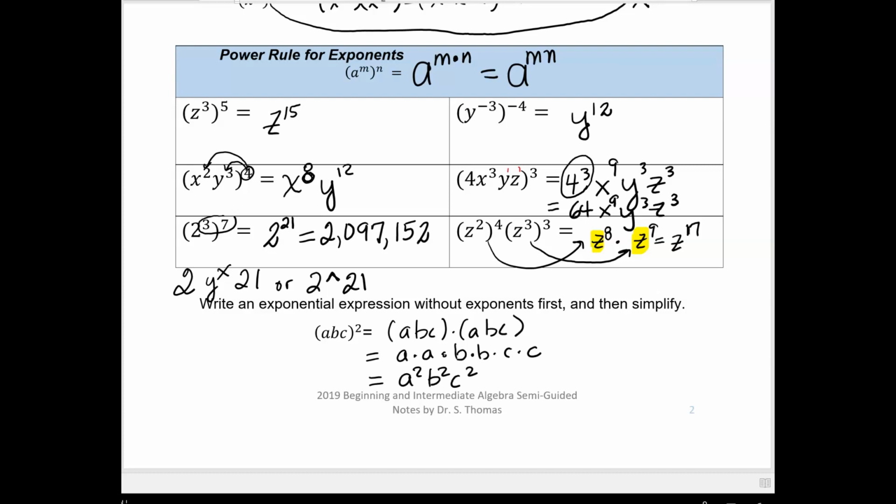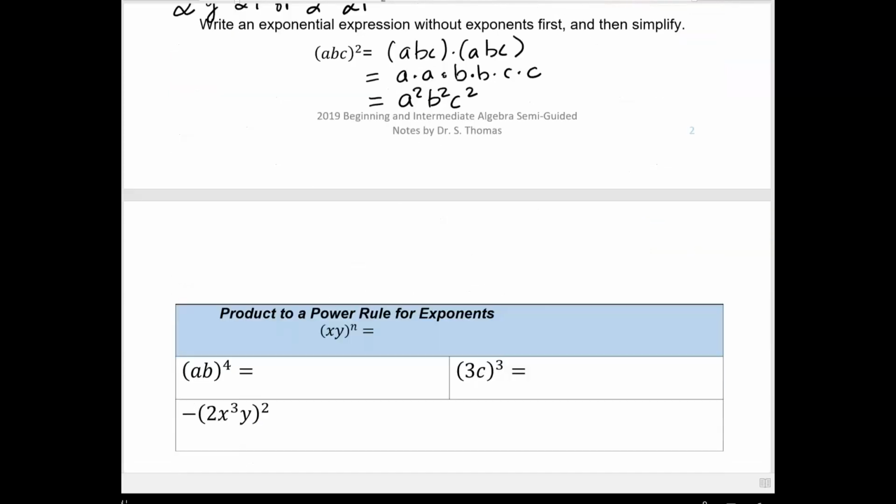Now, of course, we don't really have time to do all of that, right? So what you can do is use that rule. As you can see, all of the exponents on the inside are the same, right? The exponent is understood to be 1. So all you're doing is multiplying 1 times the exponent on the outside.